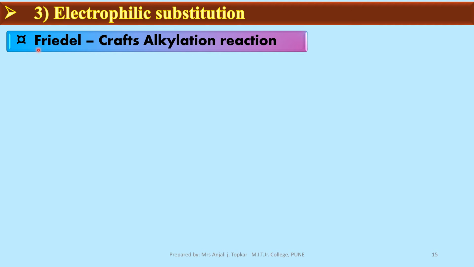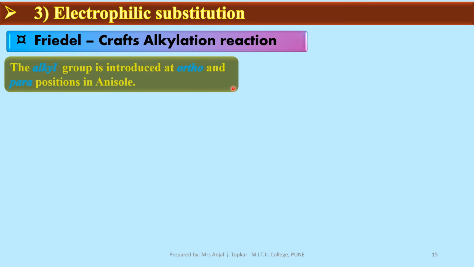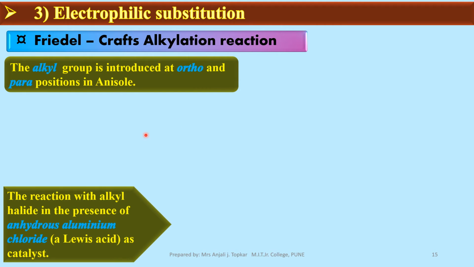Now we are going to see Friedel-Crafts alkylation reaction under the topic electrophilic substitution reaction. Alkyl group is introduced at ortho and para position in anisole. The reaction with alkyl halide in the presence of anhydrous aluminum chloride as a catalyst is seen here.